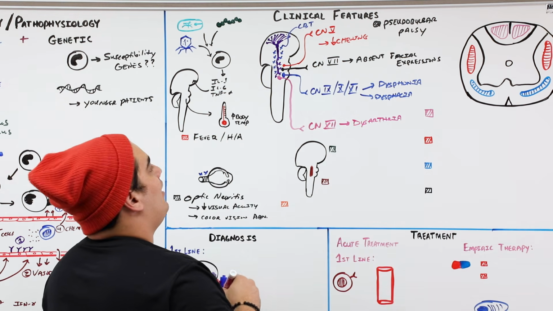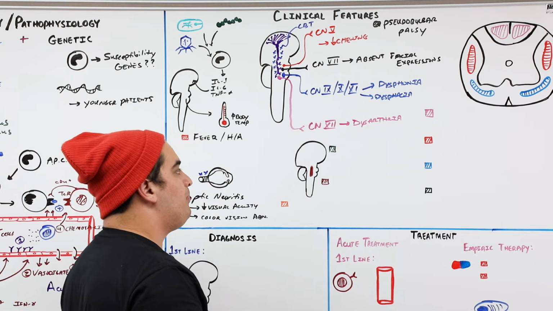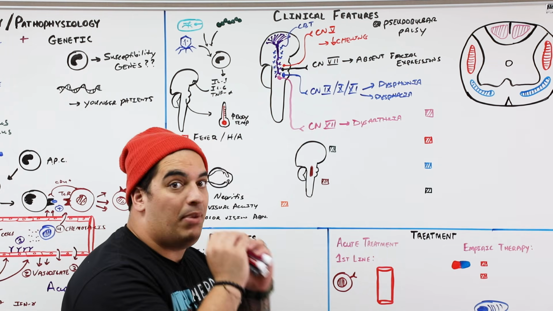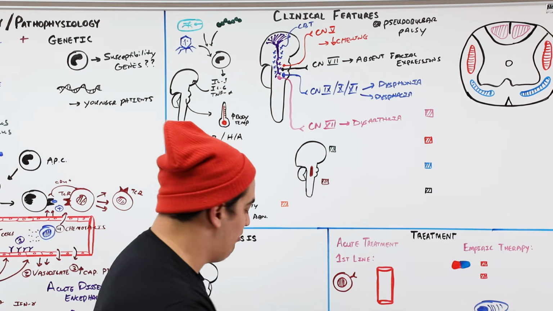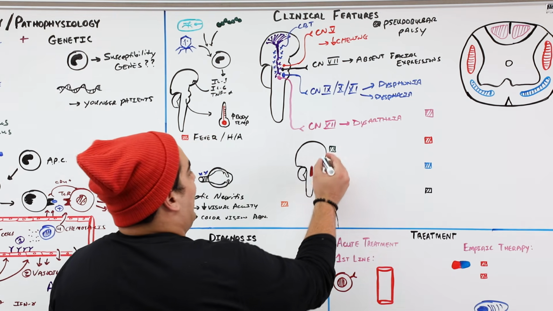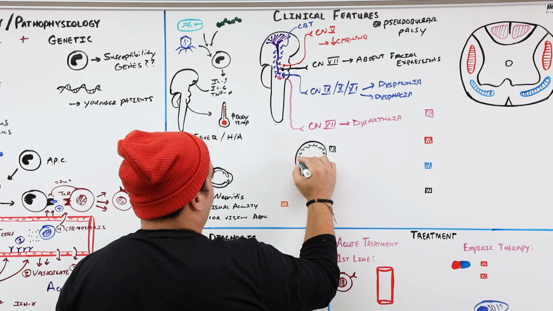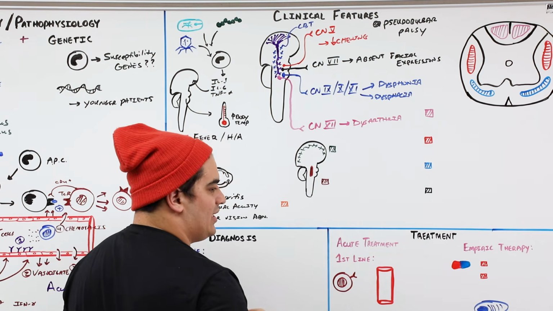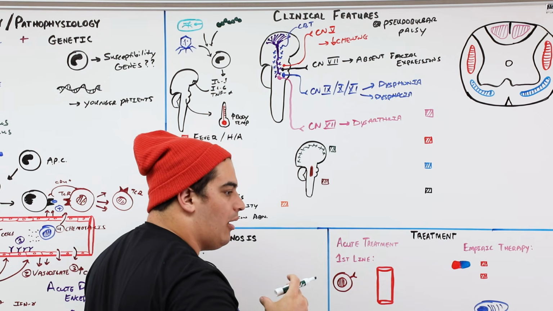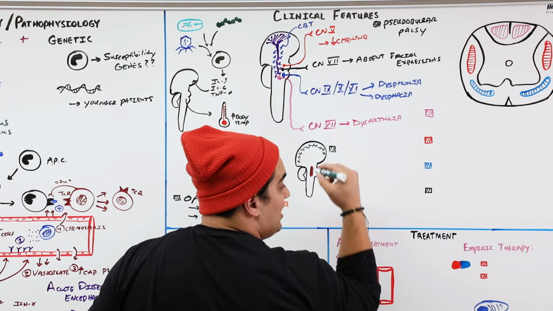Okay, so we can have fever, headache, optic neuritis, pseudobulbar palsy. This next one is the big one and the most important one to remember, involved in the differentiation. There's a lot of demyelination of the higher order brain centers. And whenever you injure these, it really affects mental status and leads to encephalopathy.